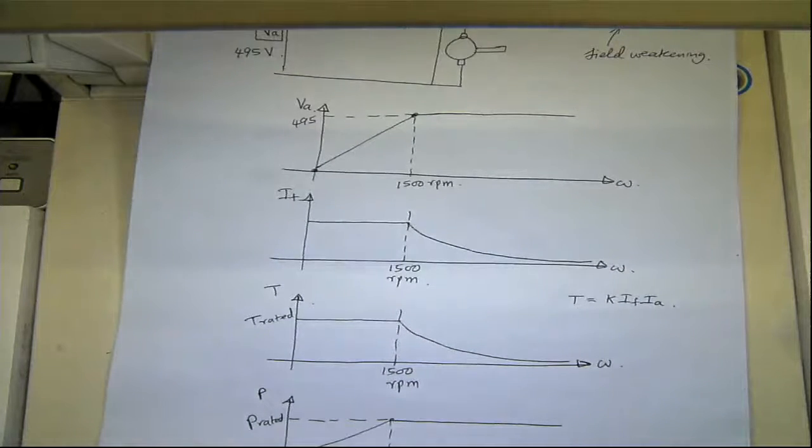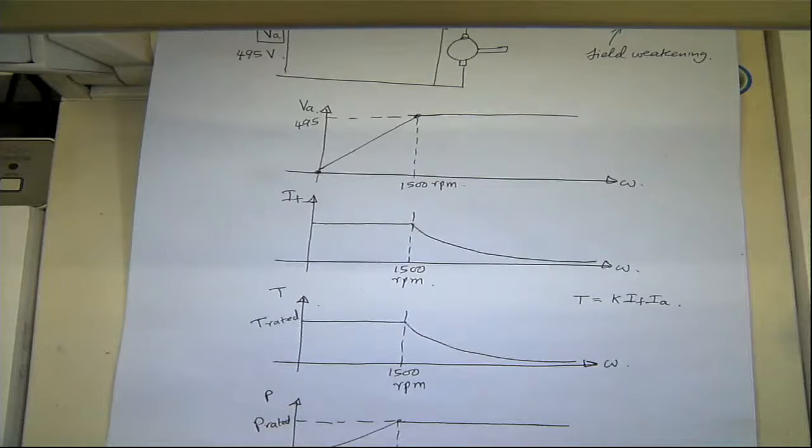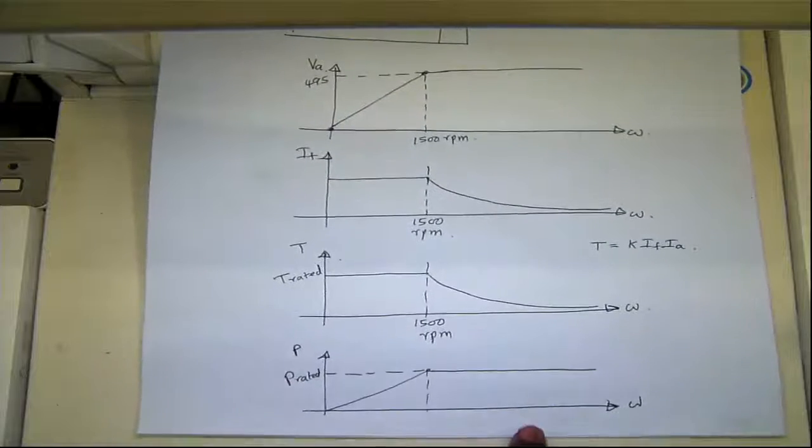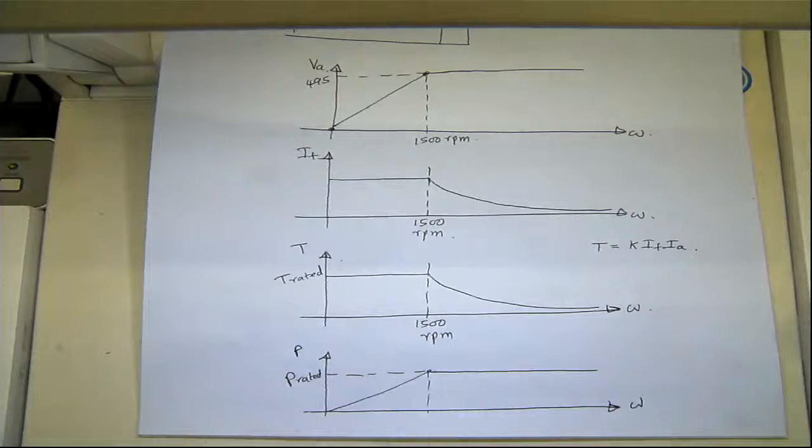Depending on how much losses you have, it might not be constant, but ideally it will be a straight line. So this is the power: armature voltage, field current, torque, and power for normal operation, and above the rated condition, that's field weakening.